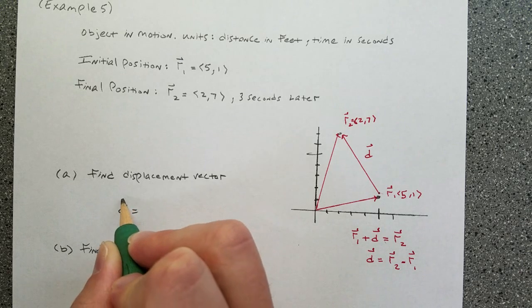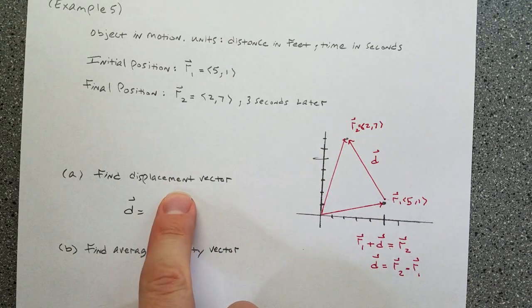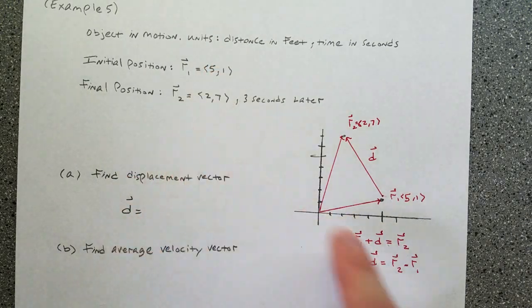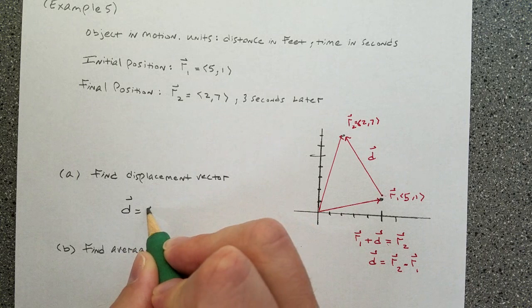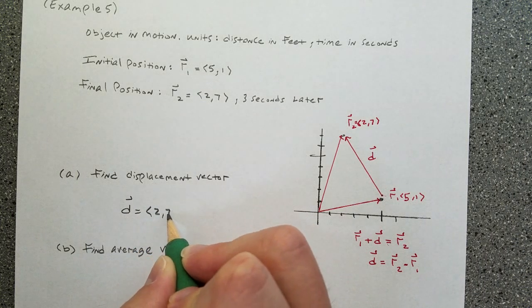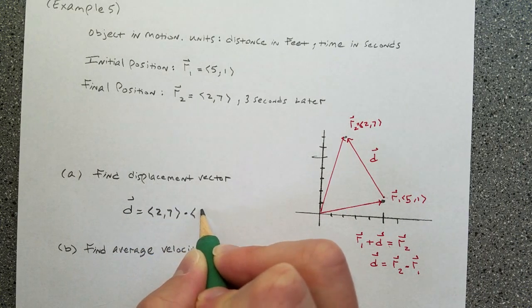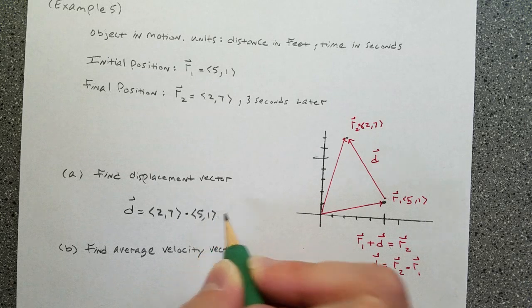I think if I want the displacement vector and that's what I had, then I would use the second one, even though the first one is still operative. So we'll do 2, 7, and subtract the vector 5, 1.